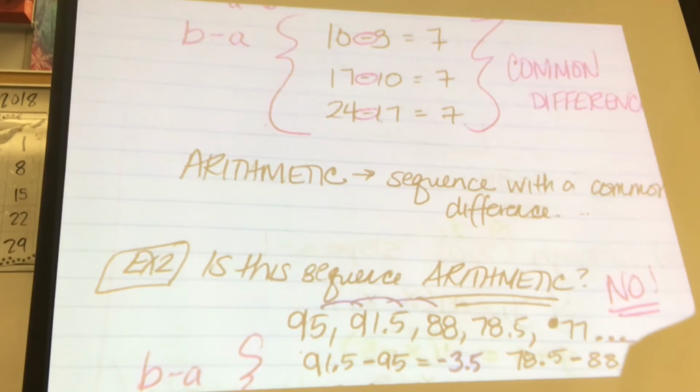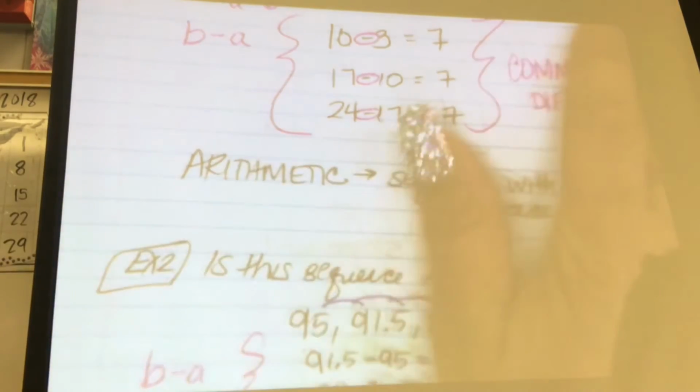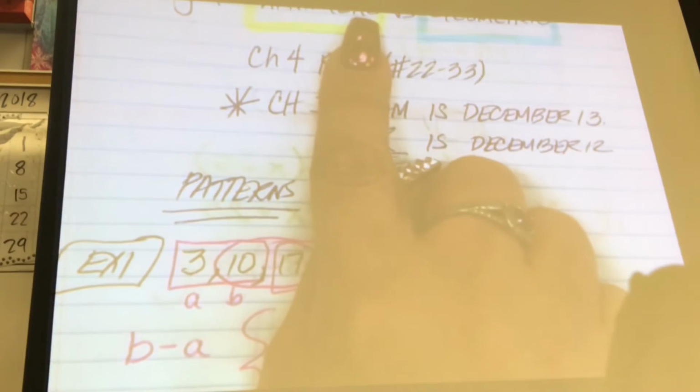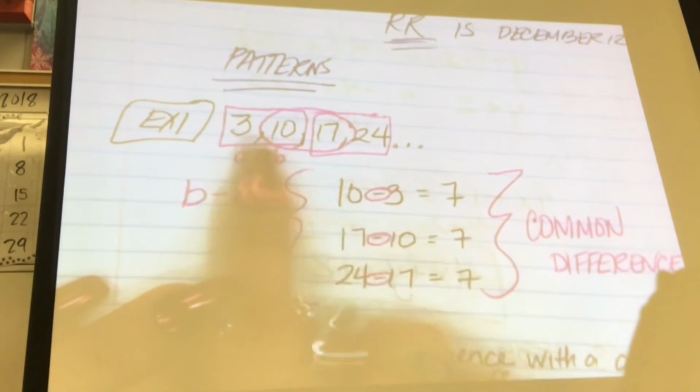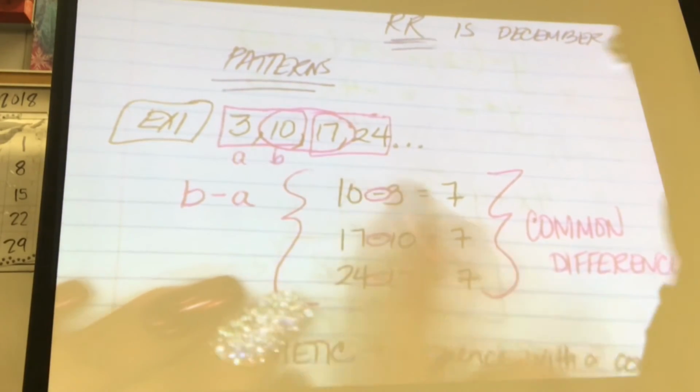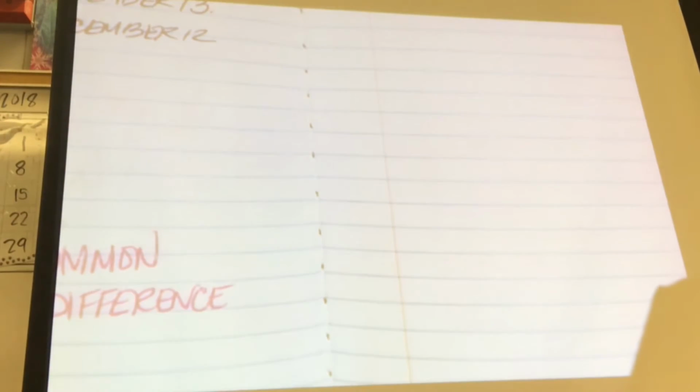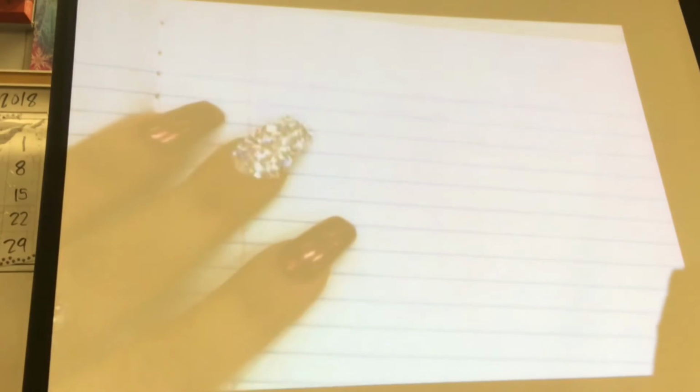All right. Without yelling it out, I want to challenge you. If arithmetic means adding or subtracting to get from one term to the next, what do you think geometric means? Moses, what do you think? Yes, very good. Multiplying and dividing. That's a great guess.